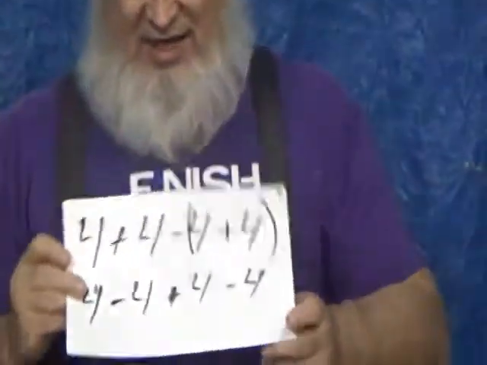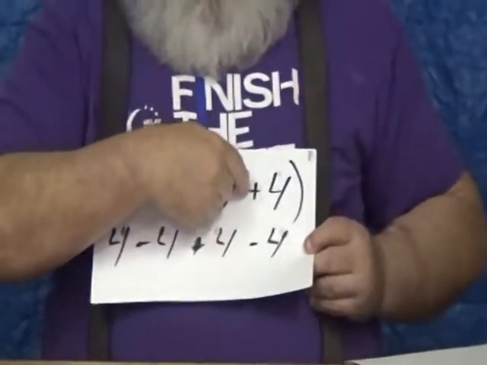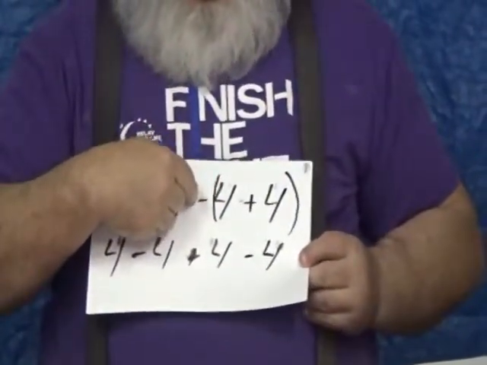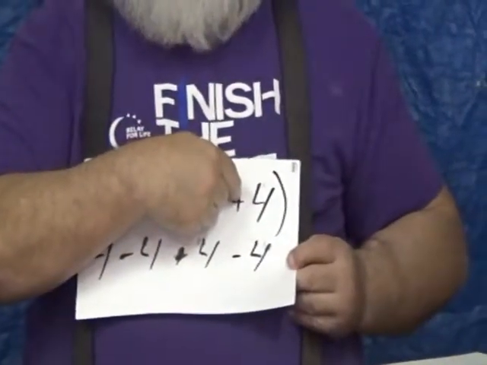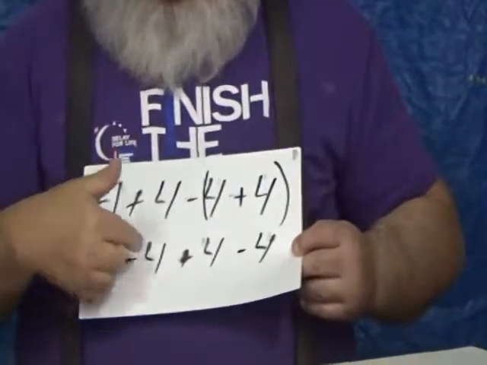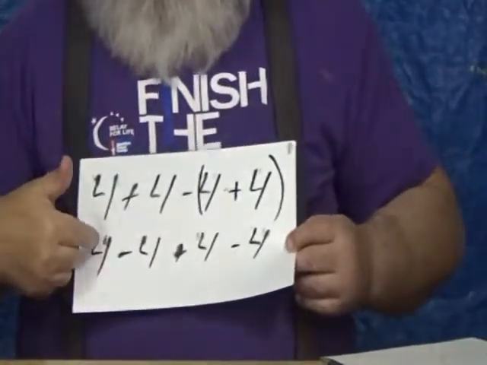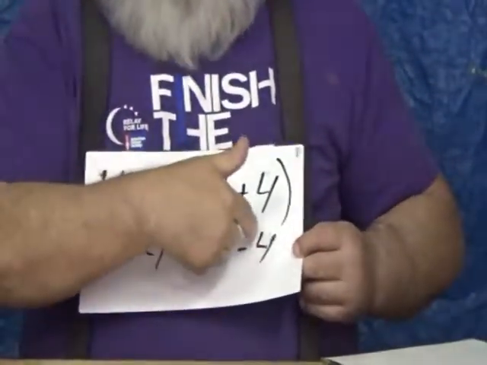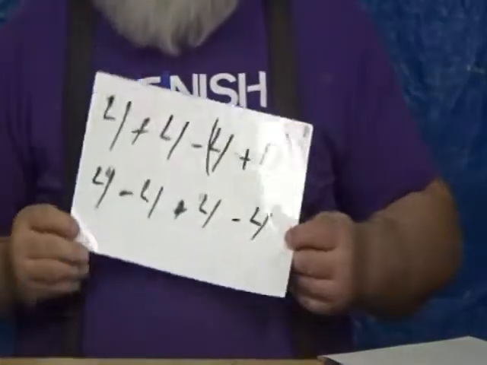If you put parentheses here, don't forget to change the sign inside, because this minus here will turn this into a minus. Okay, a little bit of math there. And you can just change the order here: 4 minus 4 plus 4 minus 4, same thing, 0.